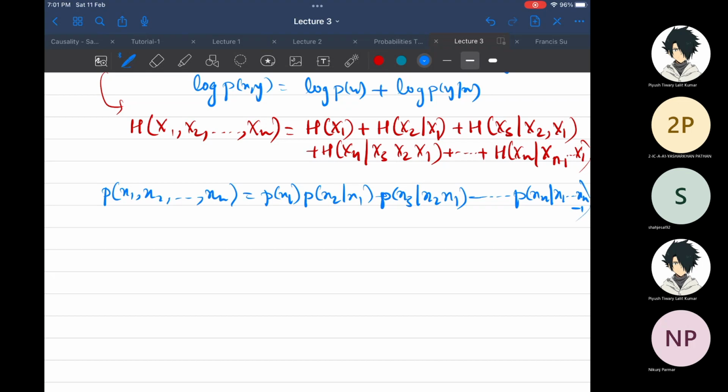And if you take log on both sides, you will get something similar. All these multiplications will become additions. As I was telling you earlier, the behavior of entropy is something similar to that of log of probability.